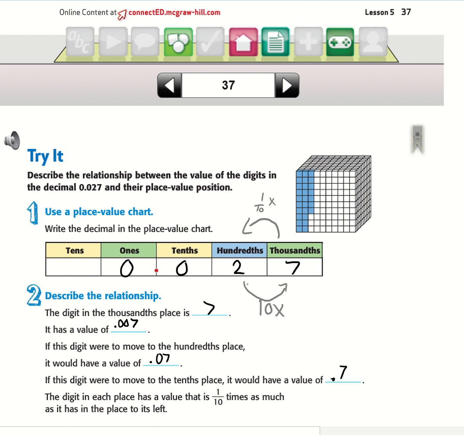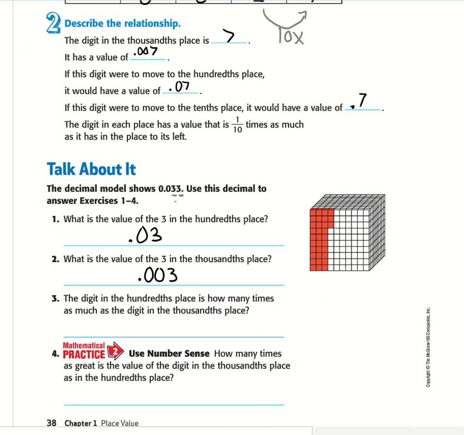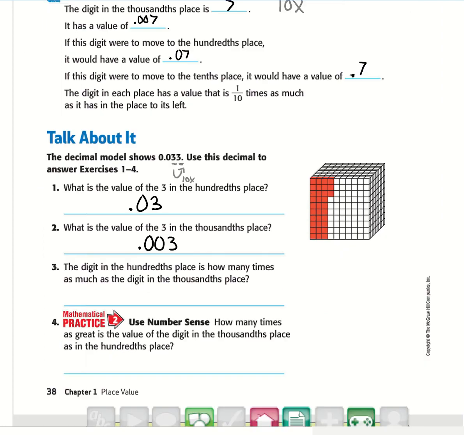When I say this number, I mean from the hundredths to the thousandths. So from the hundredths to the thousandths place, this is 10 times as much because they're both 3's. So that will be 10 times as much.